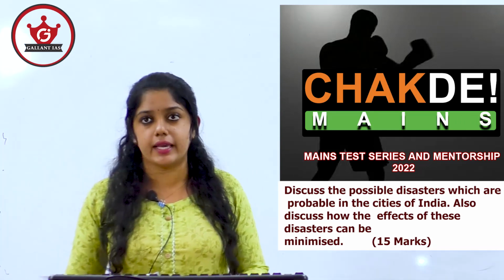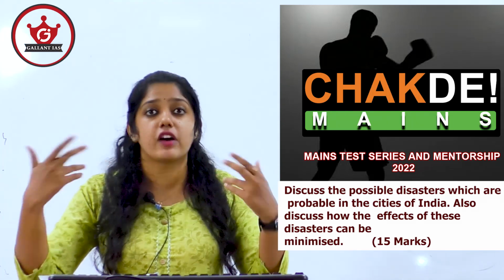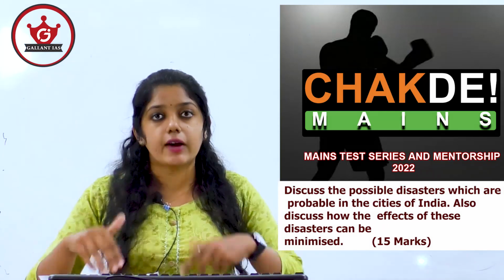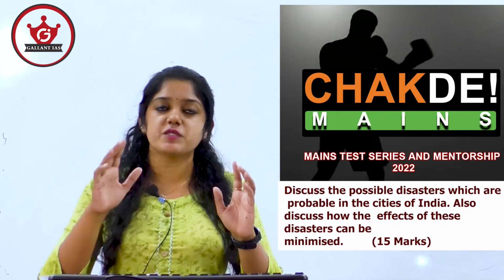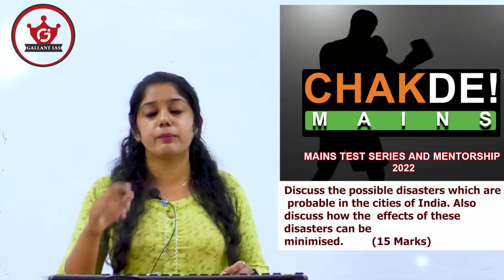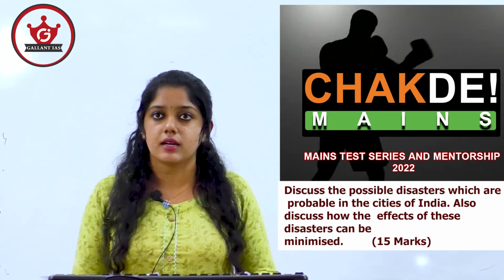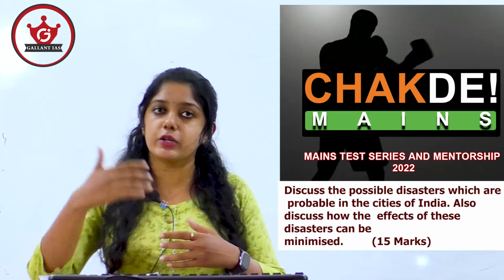For example, RBI or SEBI or government functionaries, the secretariat, all will be located in cities. So the functioning of the government itself will be affected. You can mention very general points, but you can specify it. As the question asked about probable disasters in cities, you have to exclusively mention cities. So that is how you have to approach the important aspect of the effects.